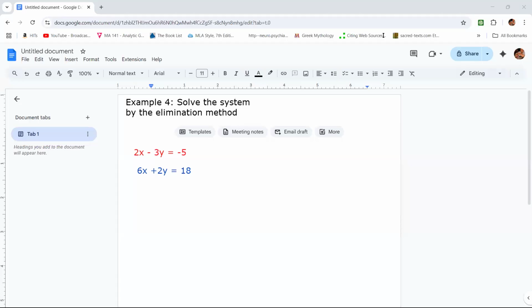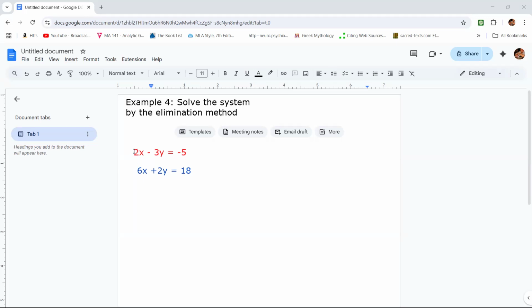Okay, so this was our last example for this video. I have an equation in red, and I did that so it's easier to identify. 2x minus 3y equals -5. And 6x plus 2y equals 18. Notice that here, I can't eliminate.